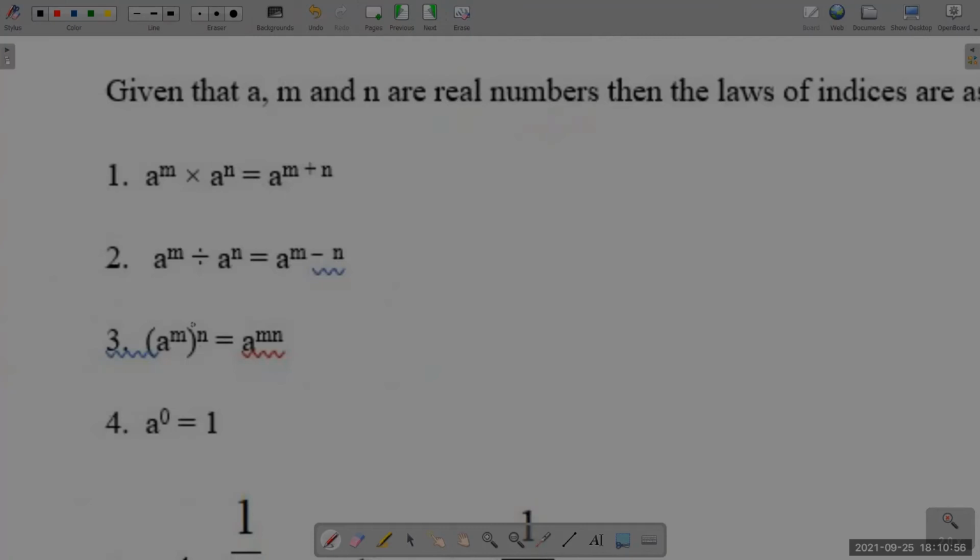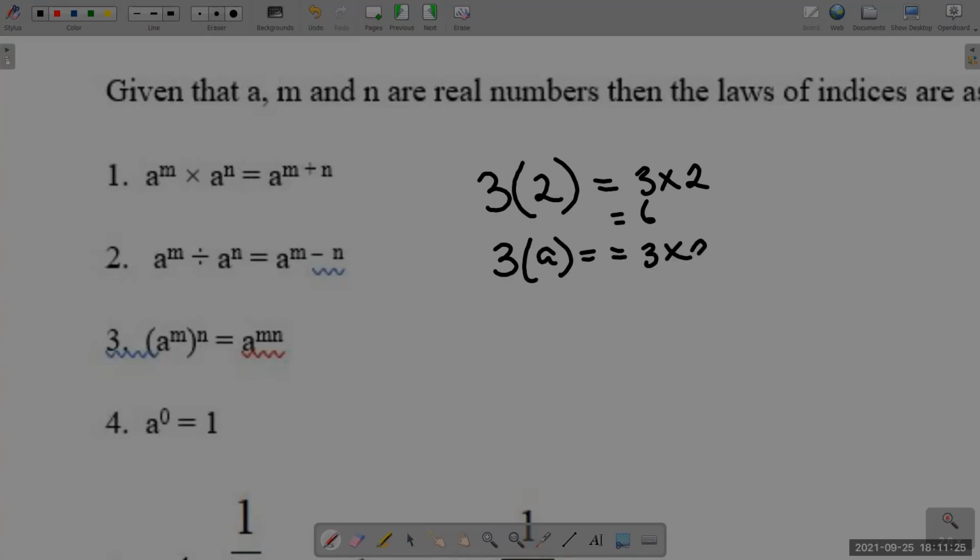Okay, so there we go. Number 3. Here we realize that we have brackets. And what I want you to pay attention to is, for example, if I gave you 3 and I tell you find 3(2), this simply just means 3 times 2. The same thing, if I give you 3 and put A inside the brackets, this just means 3 times A, and we know 3 times A is equal to 3A.